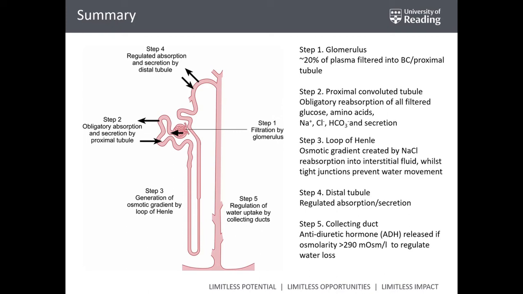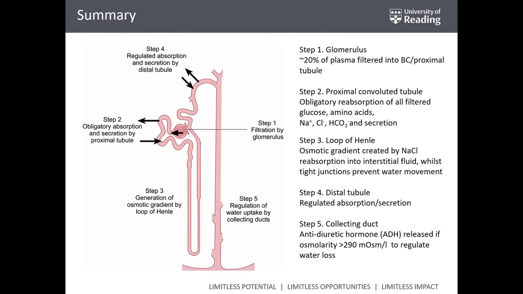Step 1 of urine production is the filtration in the glomerulus. 20% of plasma is filtered into the Bowman capsule, and then the tubular fluid gets collected into the proximal tubule. In step 2, in the proximal convoluted tubule, there is the obligatory reabsorption of all filtered glucose, amino acids, sodium chloride, and bicarbonate, and that's where the process of secretion takes place.